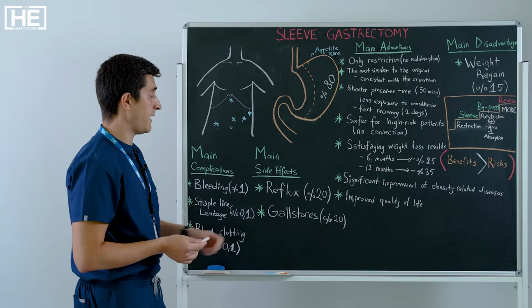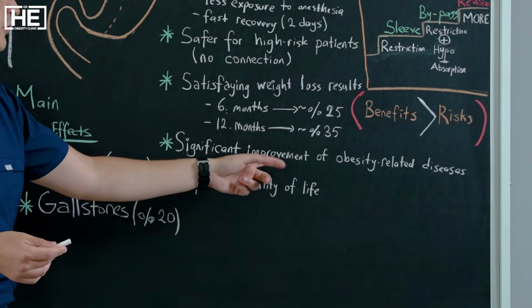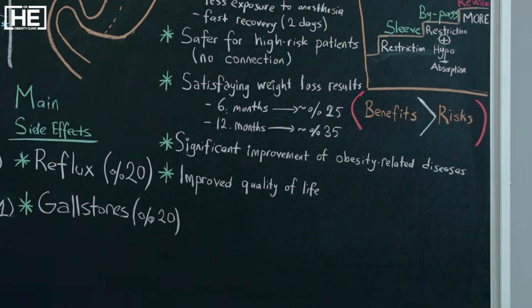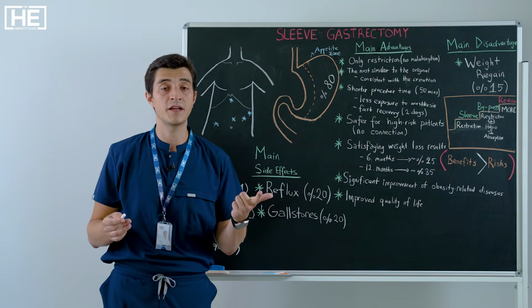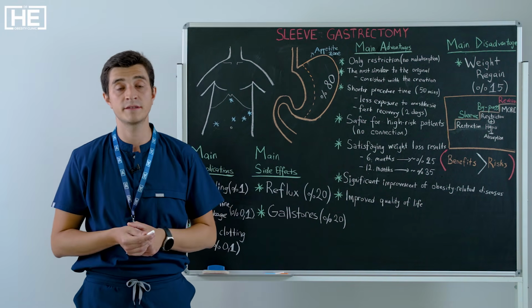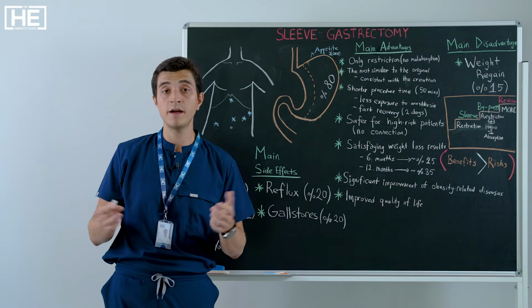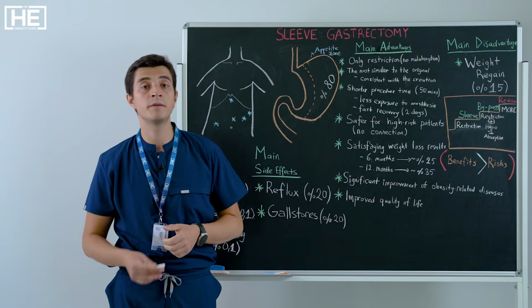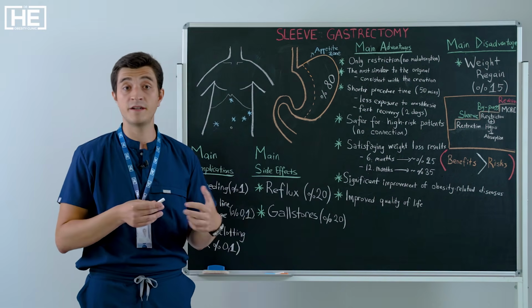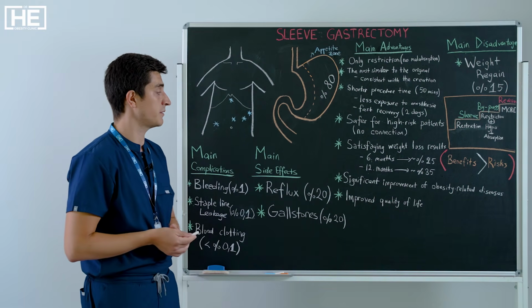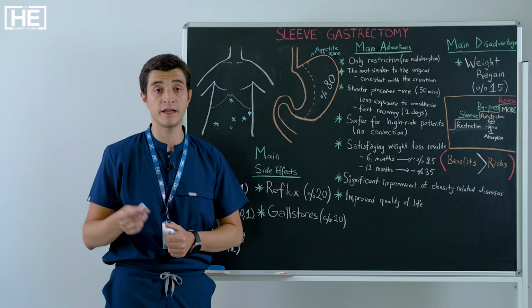Of course, we expect significant improvement of obesity-related diseases. Obesity-related diseases are diabetes, hypertension, obstructive sleep apnea, and asthma. And of course, some joint problems, mental disorders, and fatty liver disease. There is significant improvement in obesity-related diseases.